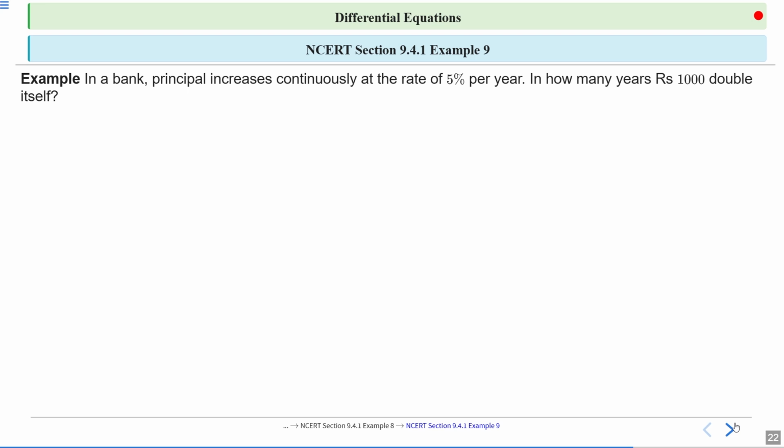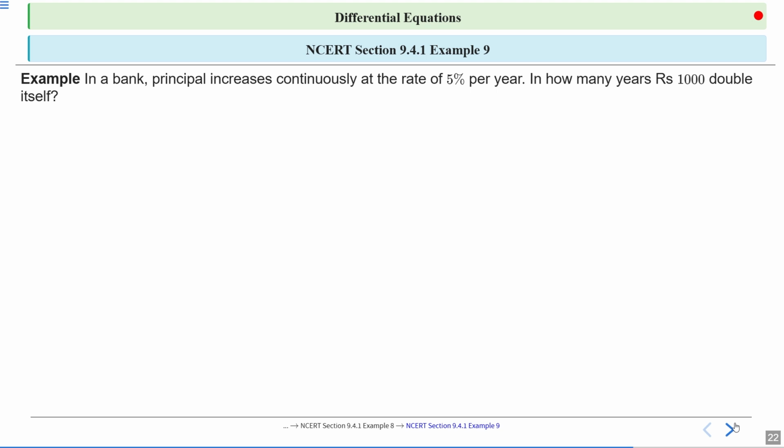At first, as we know, a rate can be represented by using a derivative. As there is a rate, that is principal increases continuously at the rate of 5% per year, the principal increases with respect to time.